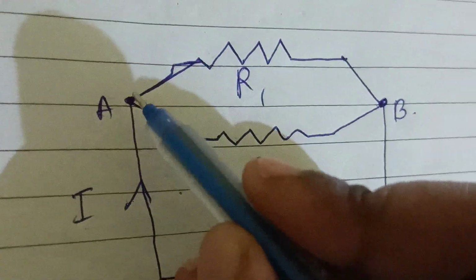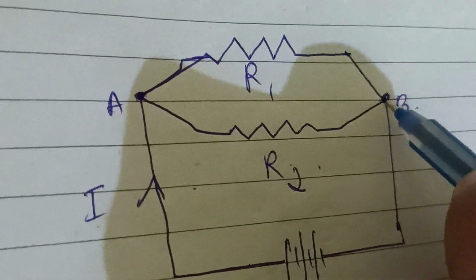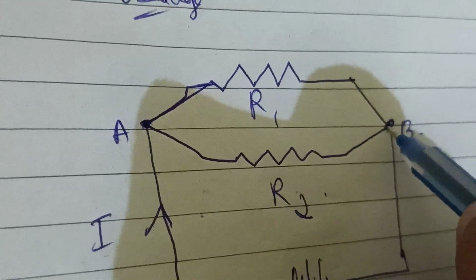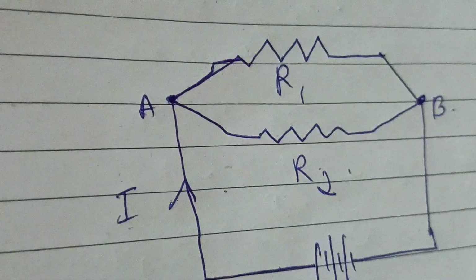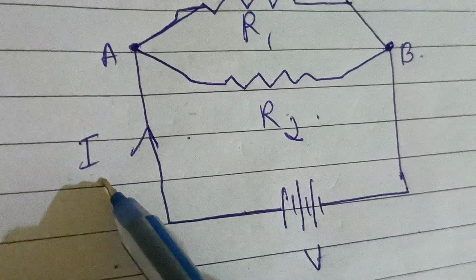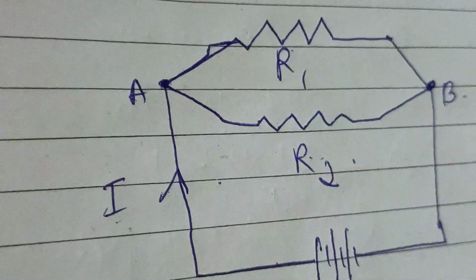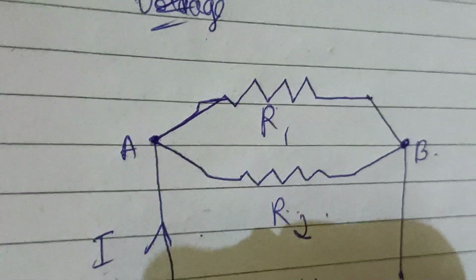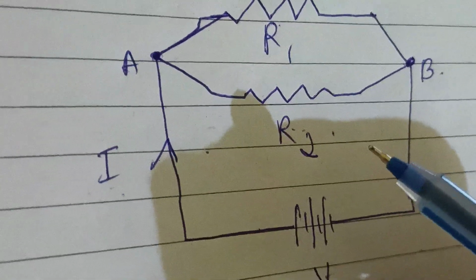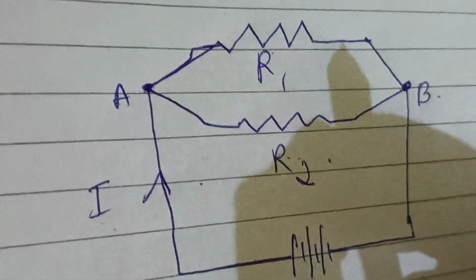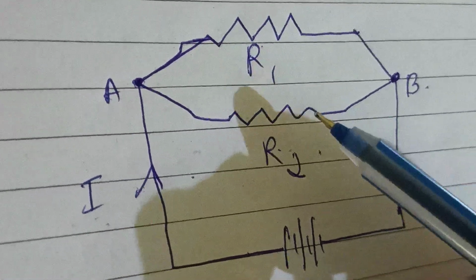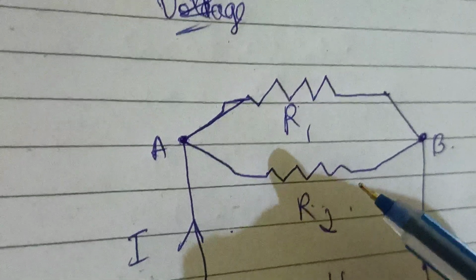I have labeled the two ends A and B. There is a voltage and there is a total current. Now I have to connect a voltmeter and check across R1 and R2: how much is the voltage?